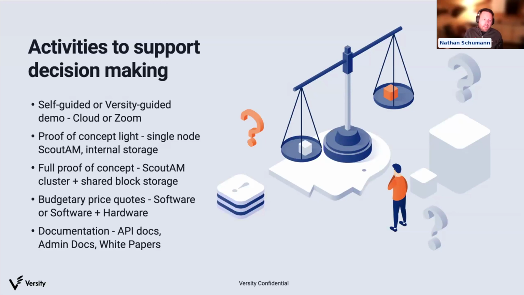What's really cool about the gateway, especially when we're thinking about how you do translation between S3 authentication, which is usually an access key and a secret key, which has no direct mapping to a POSIX UID and GID, is that if you have the ScoutAM IAM policies backed by, say, an LDAP server, you can actually put in a UID, an access key and a secret key along with that UID.